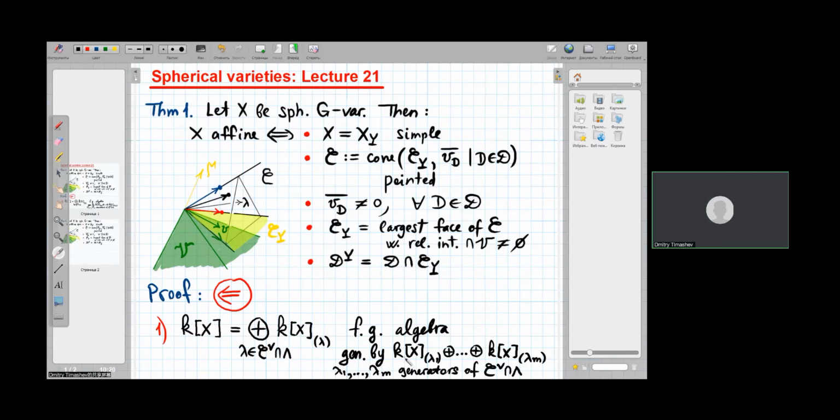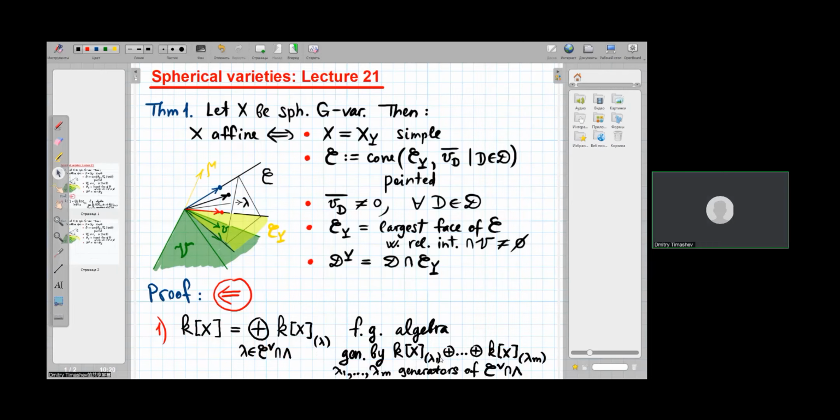And therefore, the subalgebra generated by this direct sum contains all highest weight vectors of all irreducible submodules in here. But this subalgebra is also G-stable, and therefore it coincides with the whole K of x. This is the argument. Okay?